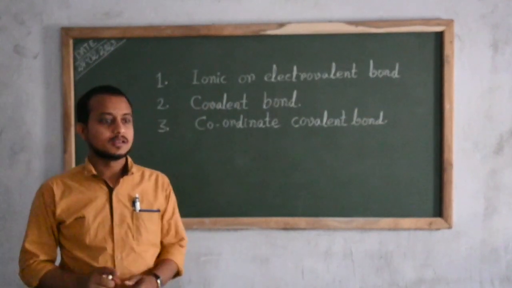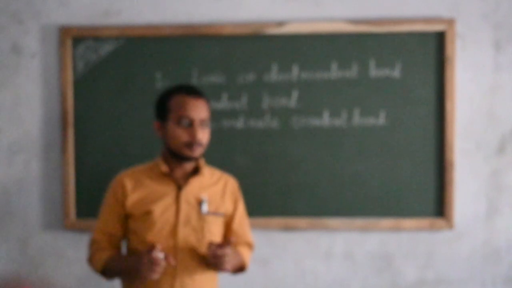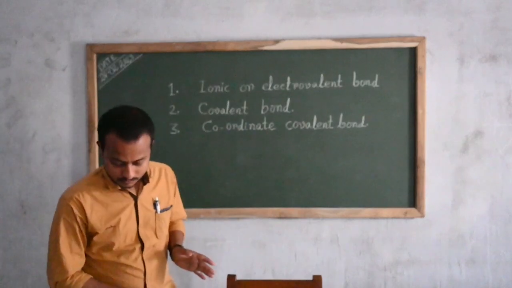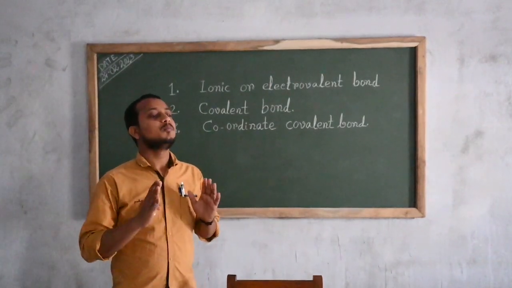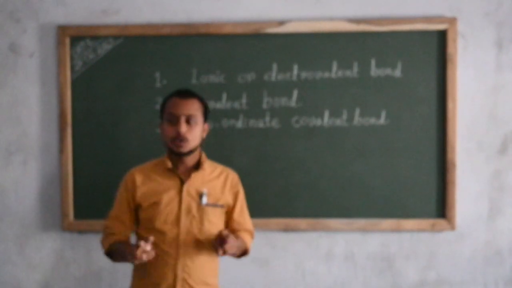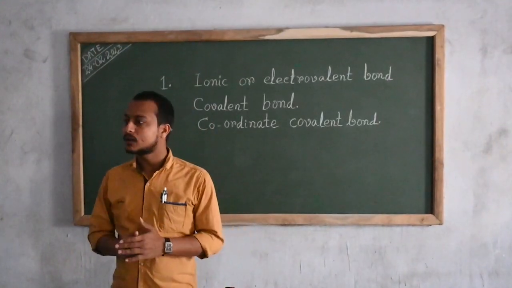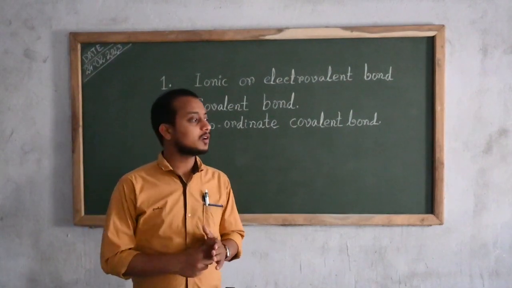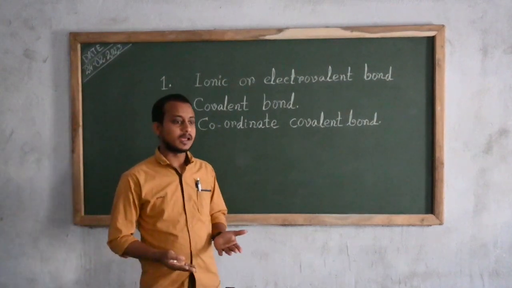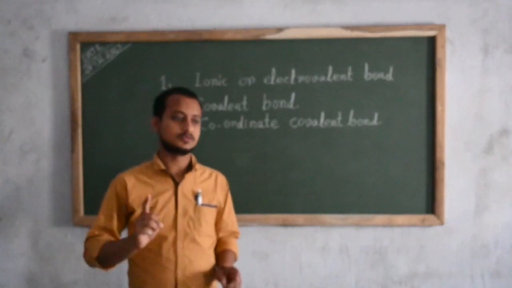This type of bond joins or unites two atoms in which one atom has more electrons than the stable number and the other atom has fewer electrons than the stable number.